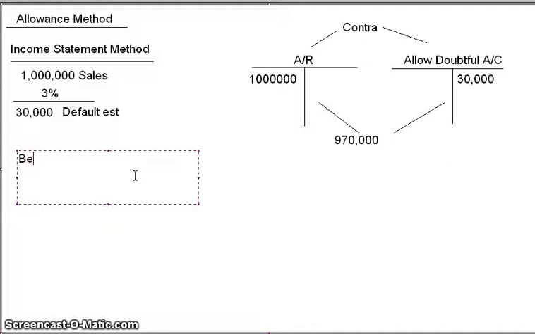We debit our bad debt expense for $30,000, and we credit the allowance for doubtful accounts of $30,000, and that is reflected right here. Here's that credit to the allowance for doubtful accounts. We almost are setting aside money in a bucket, if you will, for people to default with, and that's what this allowance for doubtful accounts is.